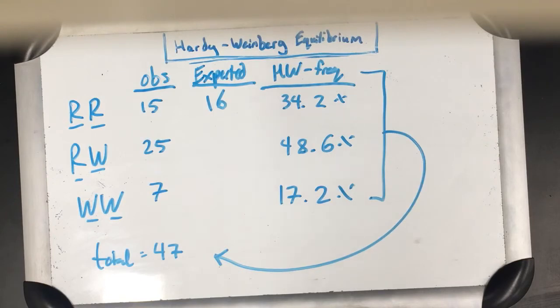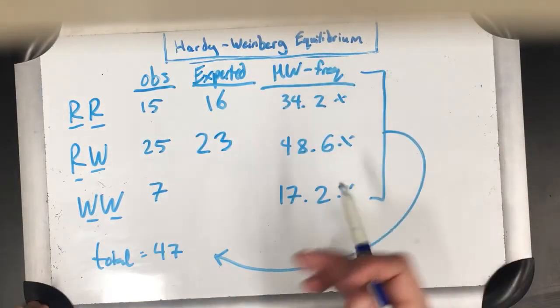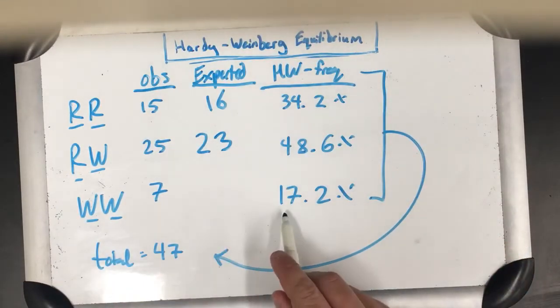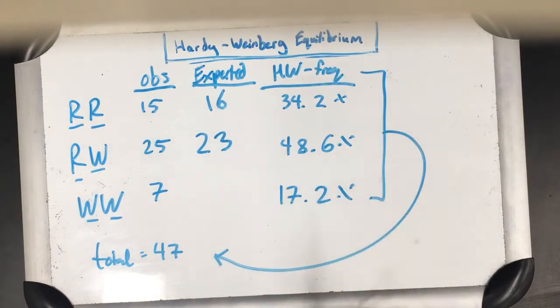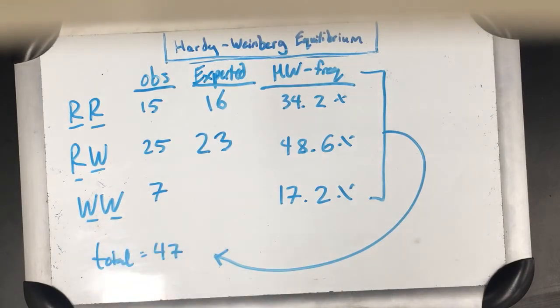So 47 times 0.486, you'd expect about 23, so you can round up because you can't have half an organism. Okay, and then last one, out of this 47, you'd expect 17%, roughly 0.2, to have this genotype.